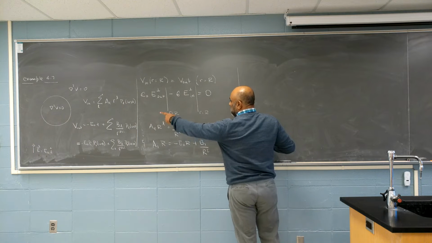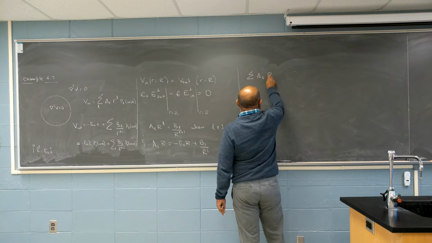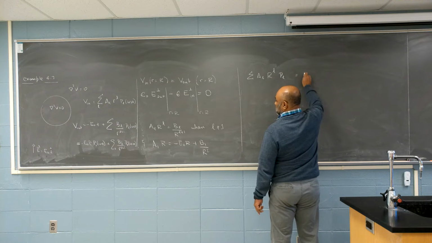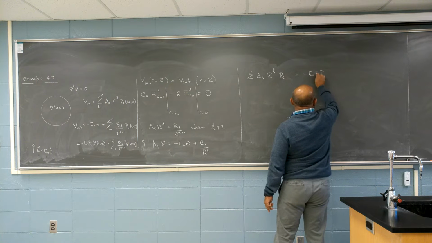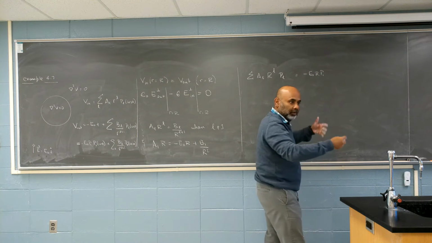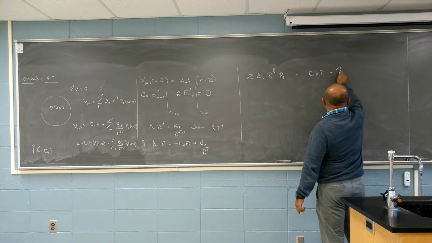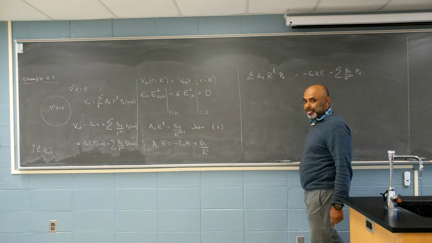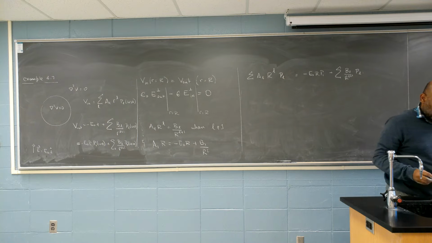So, what is this? I'm going to write small because at some point we're going to run out of space. You know P1 is P1 cosine theta, right? Plus BL over R to the L plus 1 PL. So then what I'm going to do is the following.